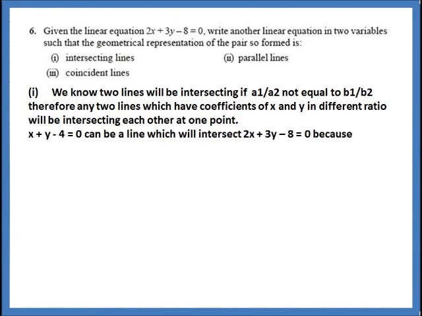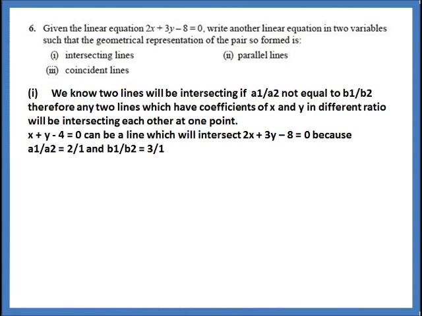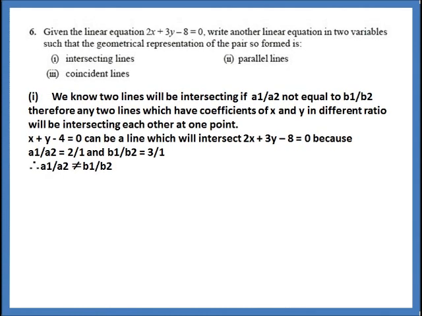X plus y minus 4 is equal to 0 can be a line which will intersect 2x plus 3y minus 8 is equal to 0 because a1 upon a2 is equal to 2 upon 1 and b1 upon b2 is equal to 3 upon 1. Therefore, a1 upon a2 not equal to b1 upon b2.